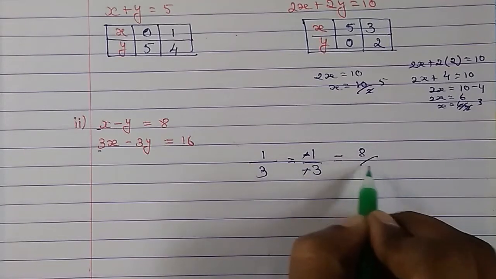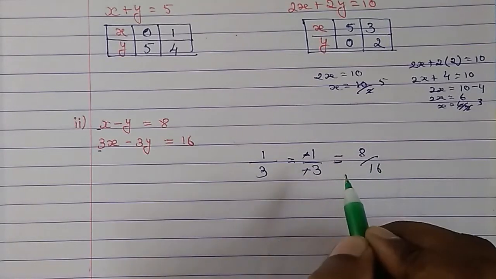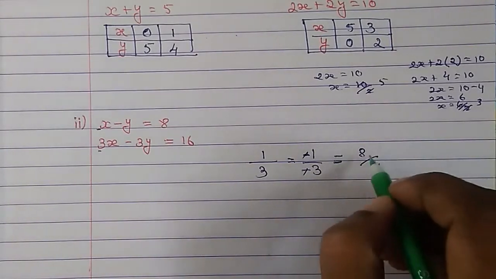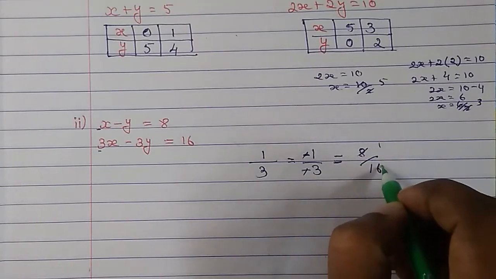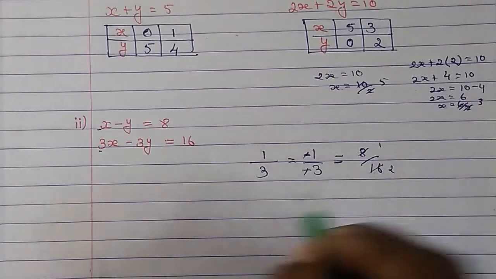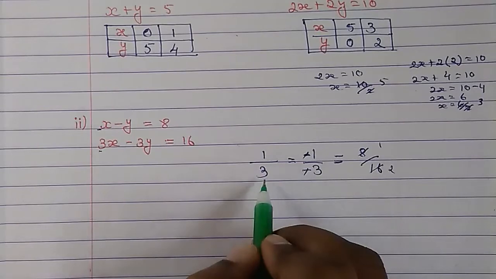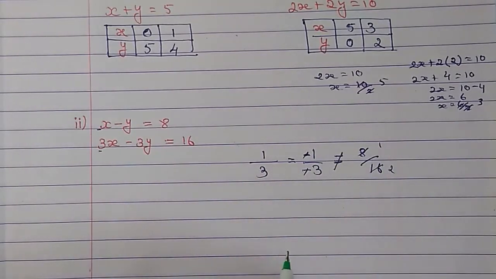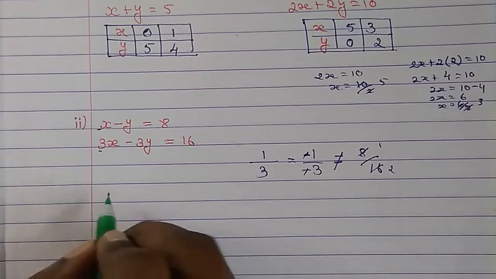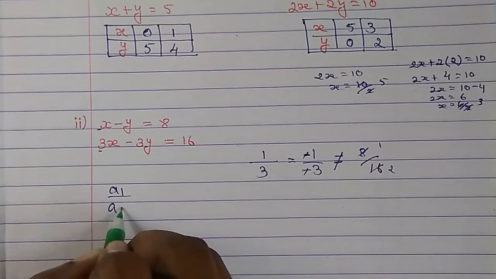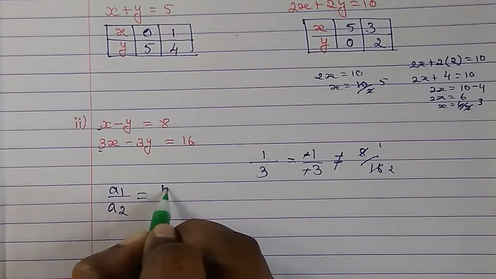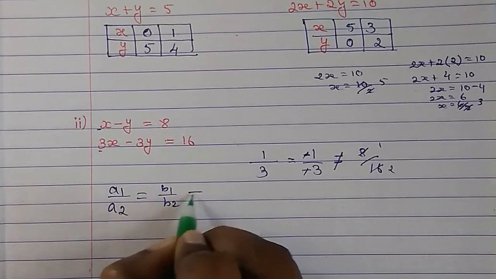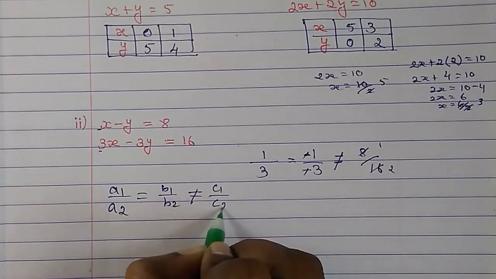So that is 8 upon 16. Now 8 upon 16, if we are simplifying, 1 times 8, 2 times 16. So we are getting here 1 upon 3, 1 upon 3, but here 1 upon 2. So that means this is not equal. So what is the condition we are getting? Our condition is A1 upon A2 is equal to B1 upon B2 and not equal to C1 upon C2.